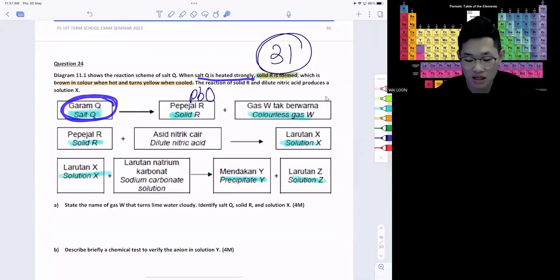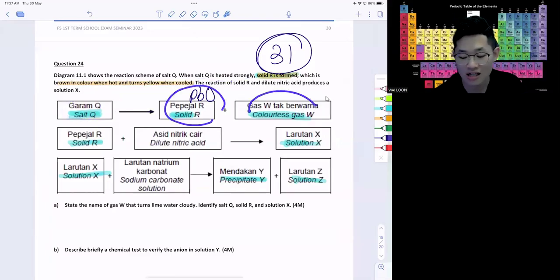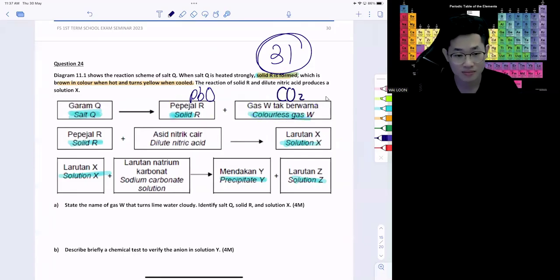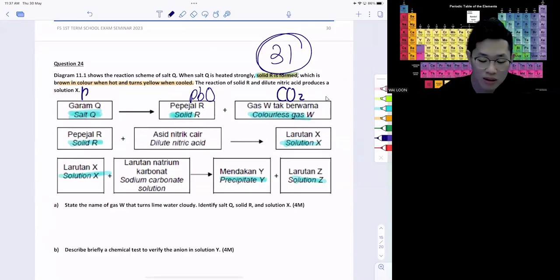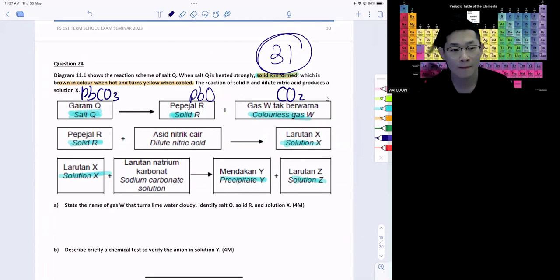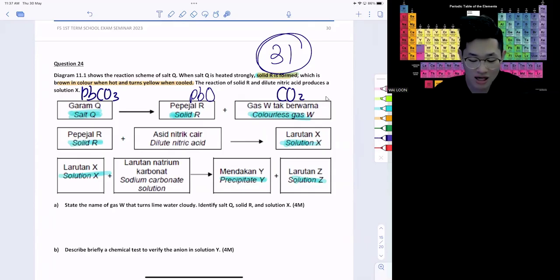When Q is being heated, it produces a metal oxide and a gas. The gas must be carbon dioxide. If you add them together, PbO and CO2, it will be PbCO3.